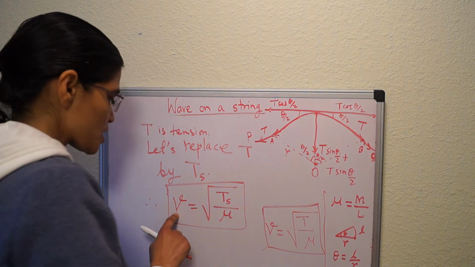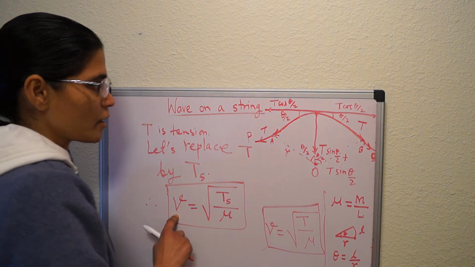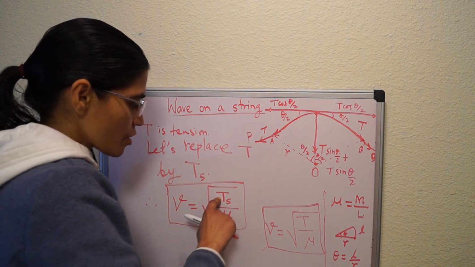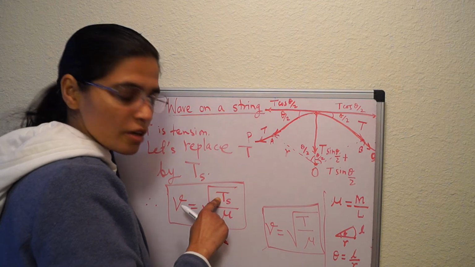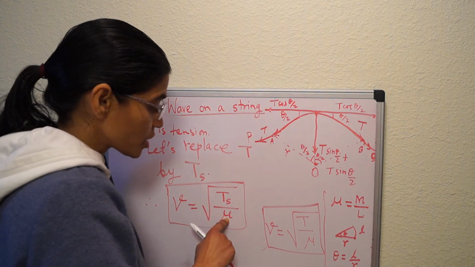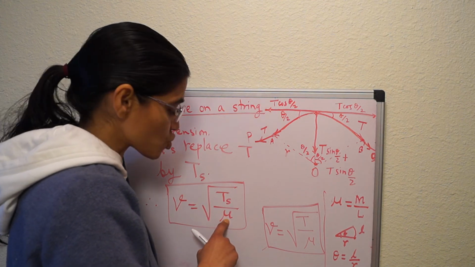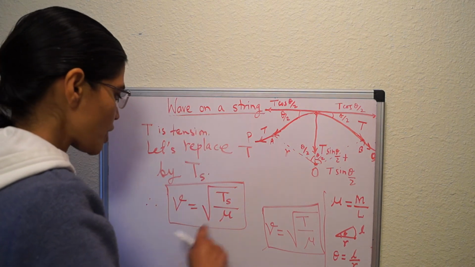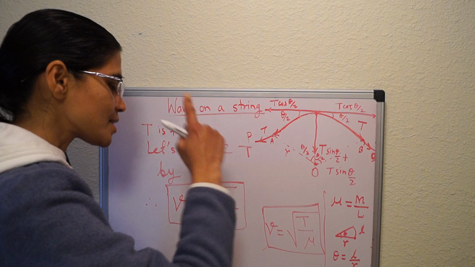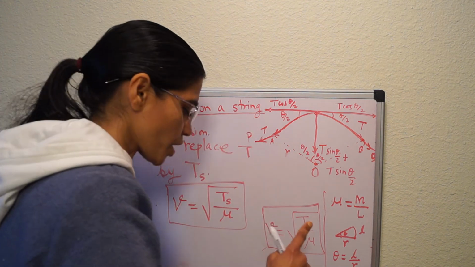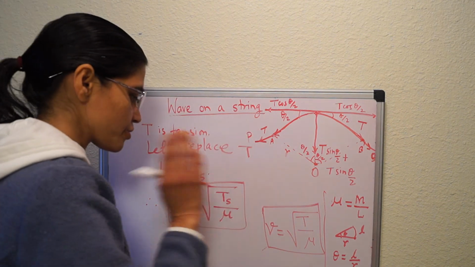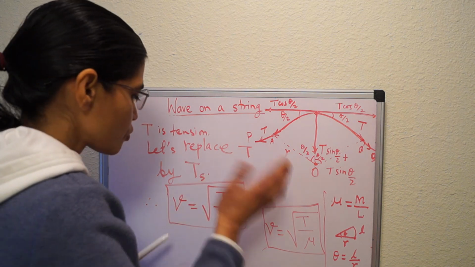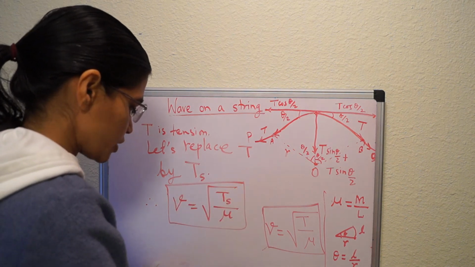The speed of a wave on the string is given by the square root of the ratio of the tension on the string to the linear mass density of the string. Okay? So this TS, very important, is not a period, this is the tension on the string. Please burn this into your head so you don't get confused and then do the wrong calculation.